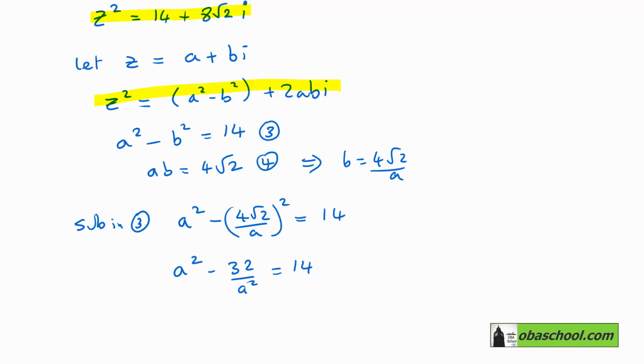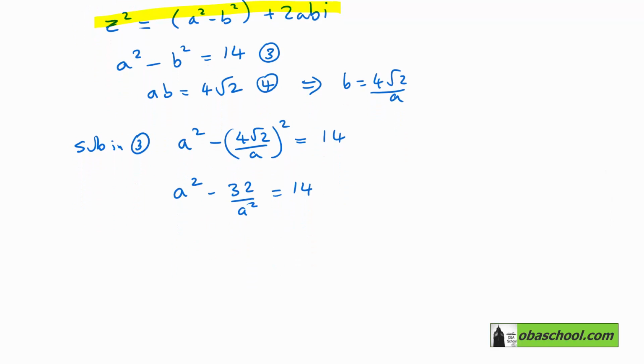And we can multiply through by a squared and rearrange this to get a to the 4 minus 14a squared take away 32 is equal to 0.